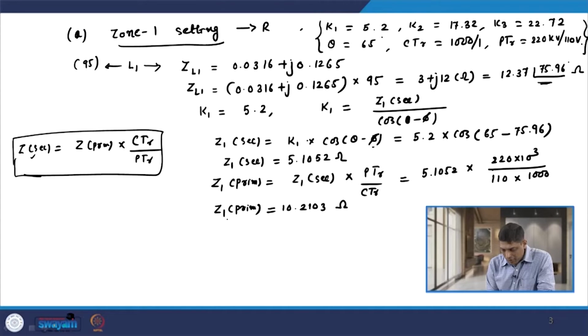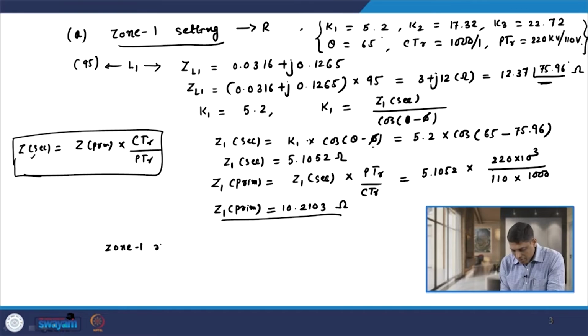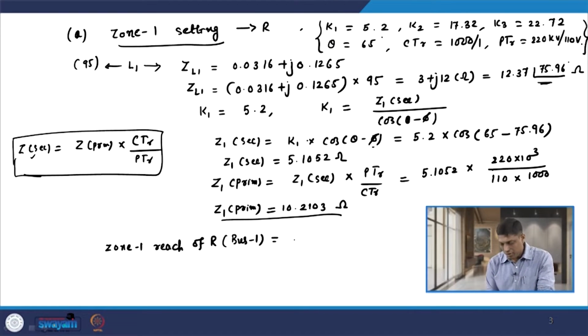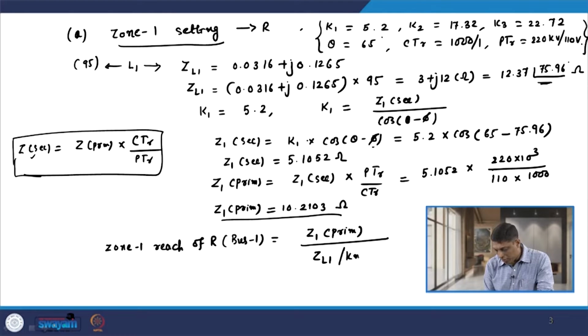We have already calculated the Z1 primary. So the zone 1 reach of relay R from bus 1 is given by Z1 primary divided by ZL1 in per kilometer value.